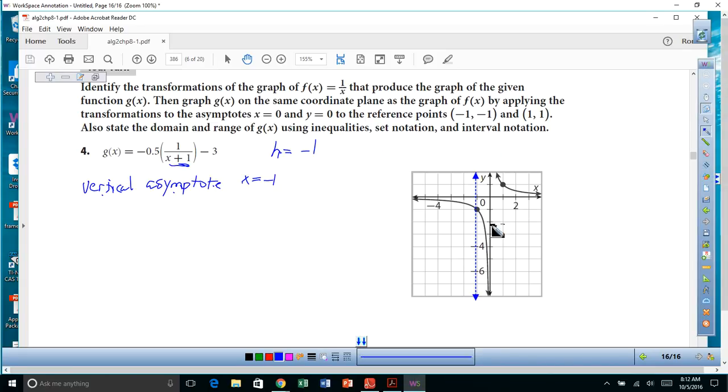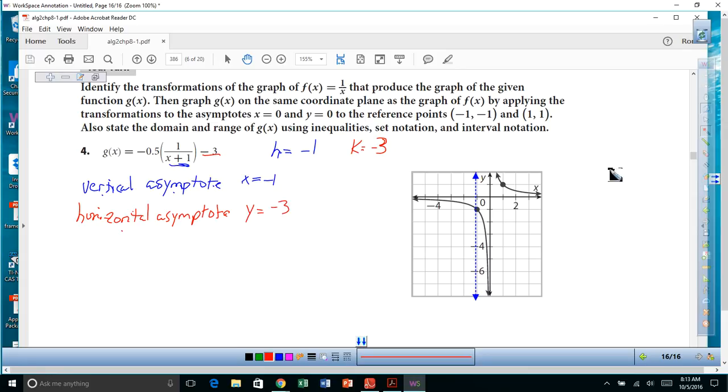Now our horizontal asymptote, we know that k equals -3 right there. So that's going to be our horizontal asymptote, and it's going to be y equals -3.